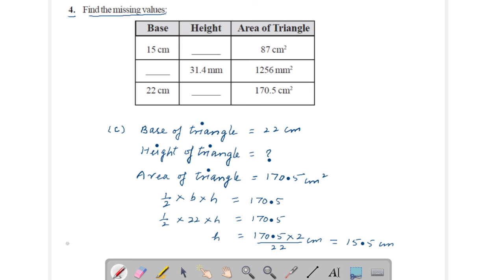Therefore, height of triangle equal to 15.5 centimeter. This is your answer.